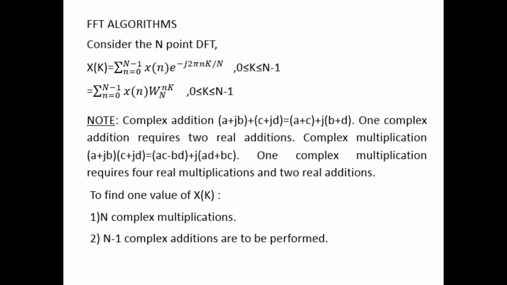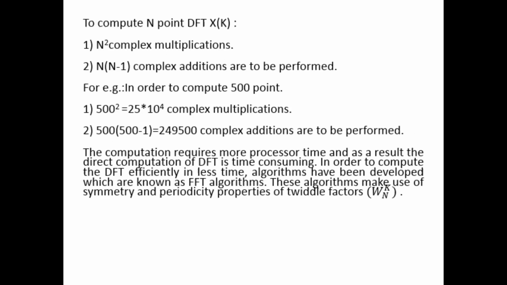To find one value of X of k, we need N complex multiplications and N minus 1 complex additions to be performed. To compute the N-point DFT of X of k, we need N square complex multiplications, that means N into N complex multiplications, and N into N minus 1 complex additions.